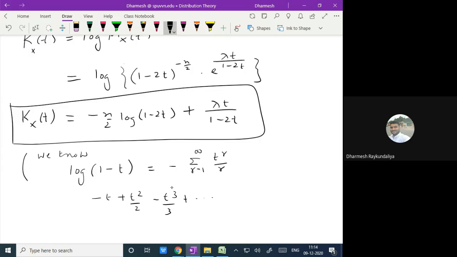And if you write here log of 1 minus t raised to power minus 1, then it has t plus t square by 2 plus t cubed by 3 likewise. Okay, so we have this form.